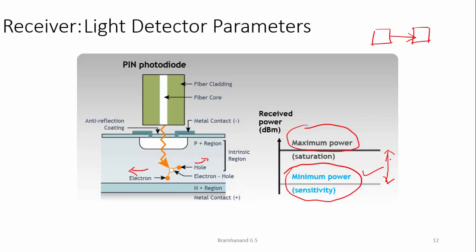So an operator, or as part of a network design, will have to ensure that the power received by the receiver is within the band between saturation and sensitivity for photodiodes to work efficiently.